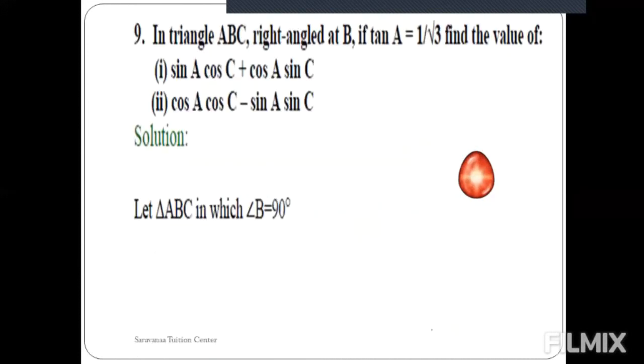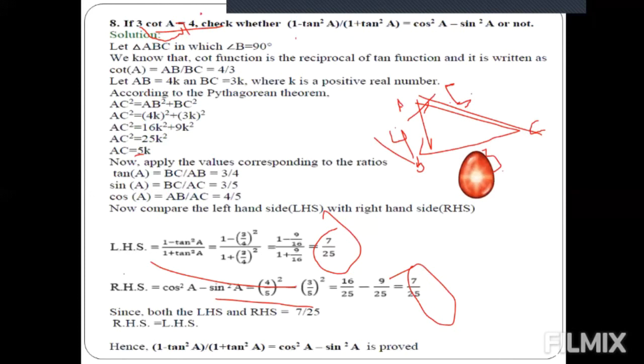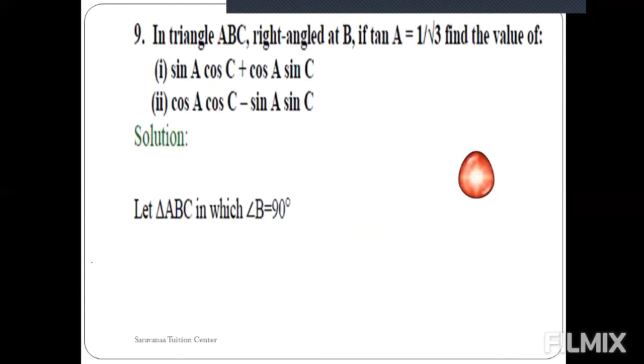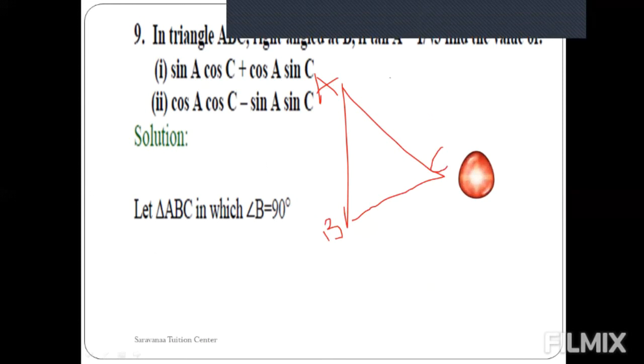So next, in triangle ABC, right angled at B, if tan A equals 1 by root 3, find the value of the expression. So it is a similar question like 8. So this is triangle ABC, with A, B, and C. Tan A is opposite by adjacent.